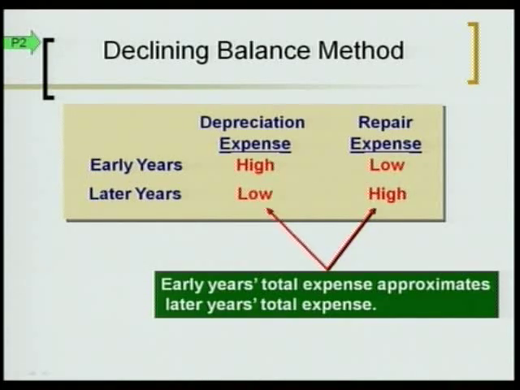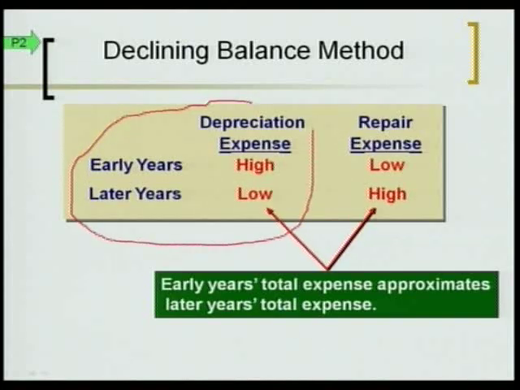What it's called is the declining balance method. And what you're going to find with the declining balance method is that we are going to take more depreciation, or a higher amount of depreciation, in the early years and less in the later years.